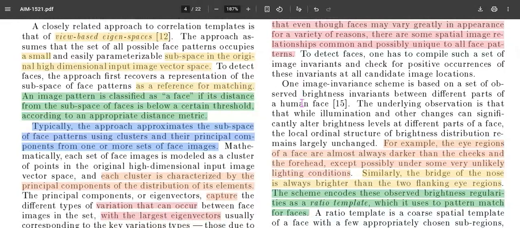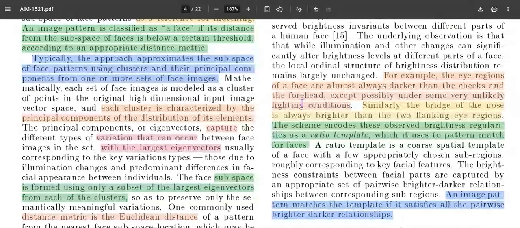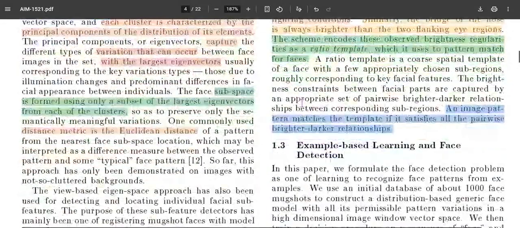For example, the eye regions of a face almost always look darker than the cheeks and the forehead, and the bridge of the nose is always brighter than the two flanking eye regions. This is related to grayscale images. Based on such brightness patterns, we formulate handcrafted ratio templates, and using those we try to detect faces in a particular image.